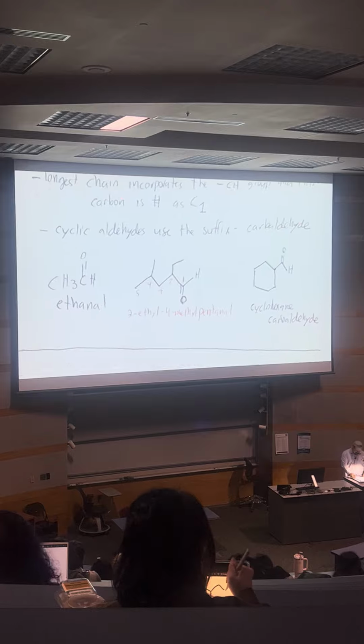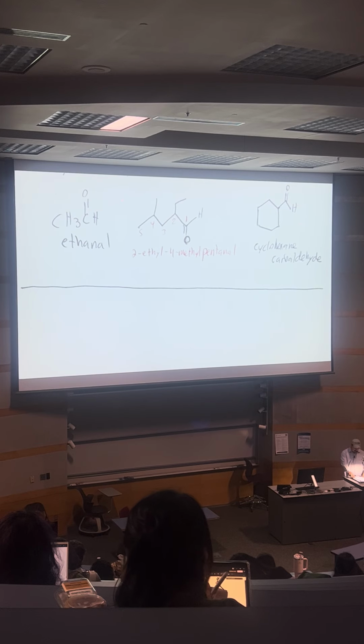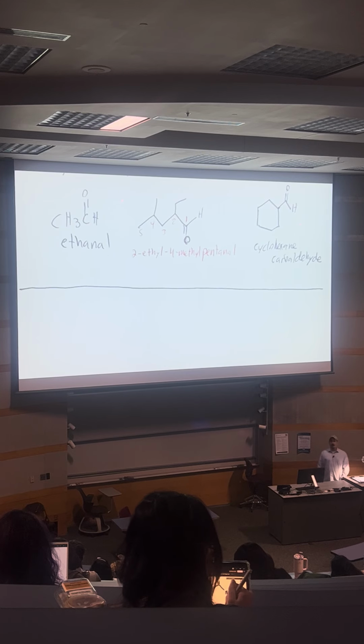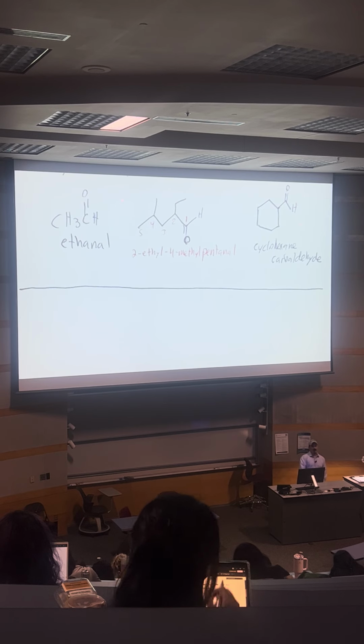I've alluded to that list that was in the chapter notes for alcohols in terms of priority. If you go back and look at that list, what you'll find is that aldehydes take priority over ketones. That's a really important thing to note, because it means we now need to learn how to refer to ketones by their functional group name.